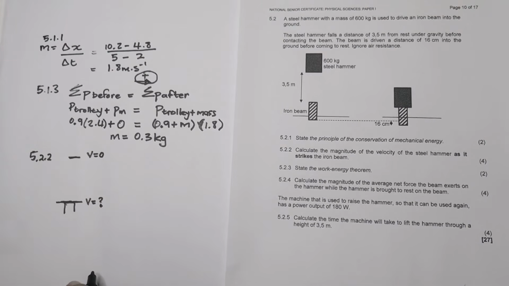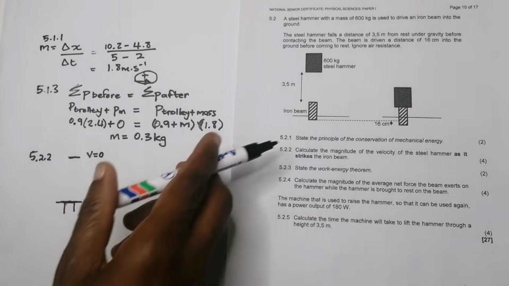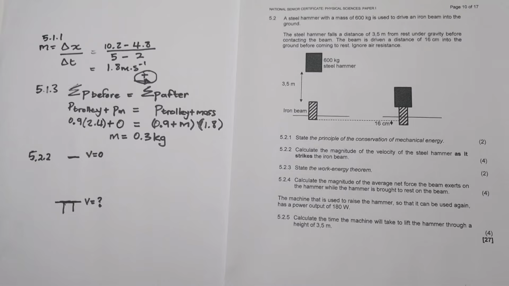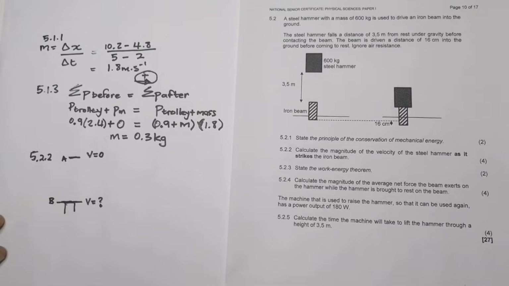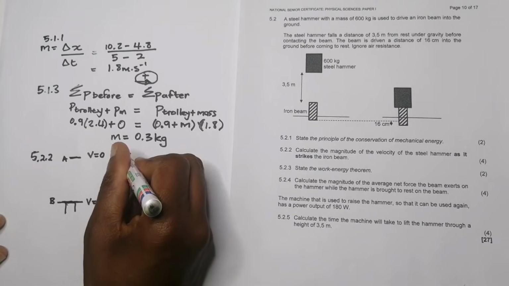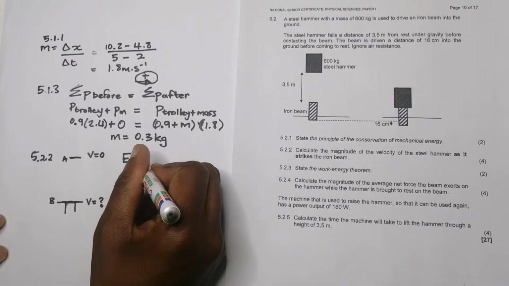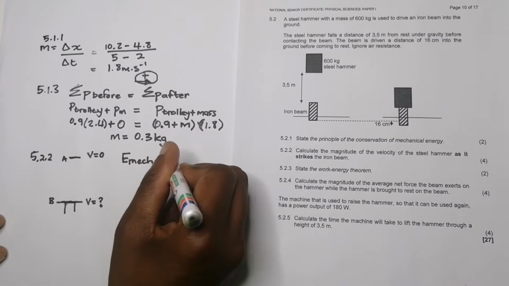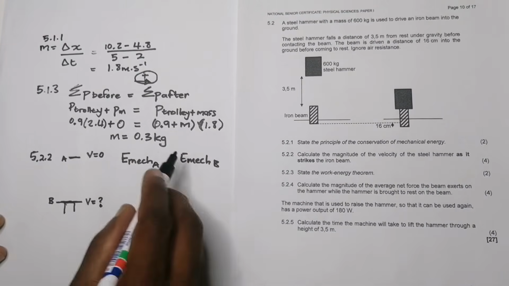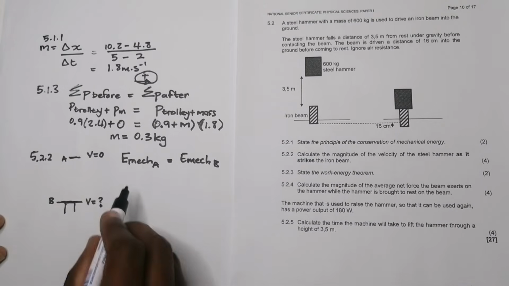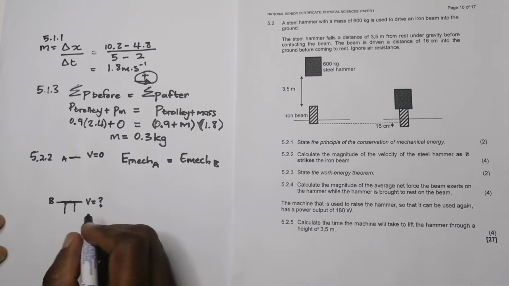Because they've kind of given us a hint there, I'm going to use principles of mechanical energy. Why? Because there is no applied force and no frictional force, and it tells me this is an isolated system. Let's call this point A and that point B. So mechanical energy at point A, when it left that point, will be the same as the mechanical energy when it gets to the bottom.